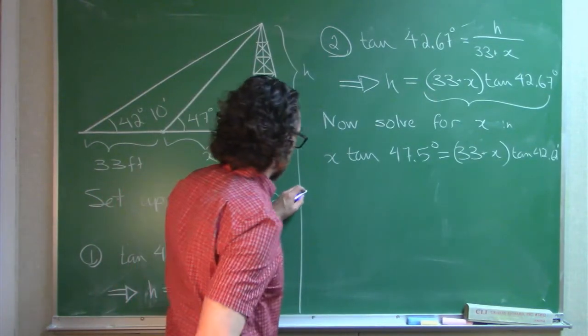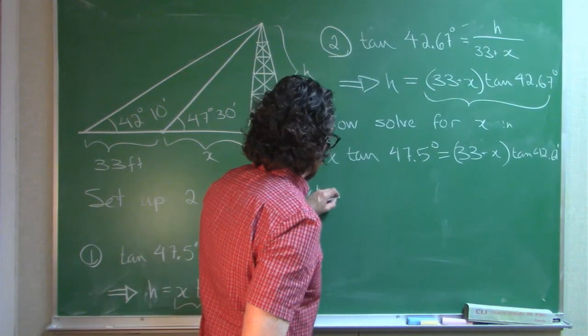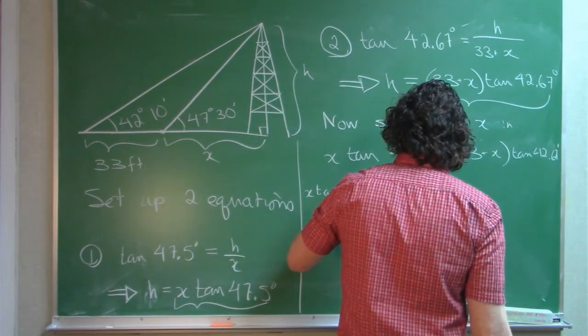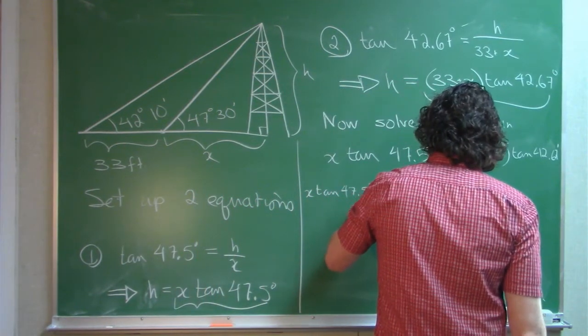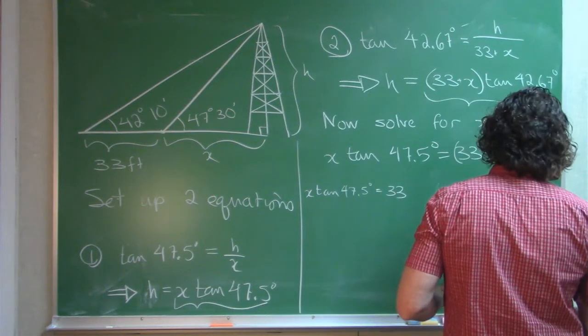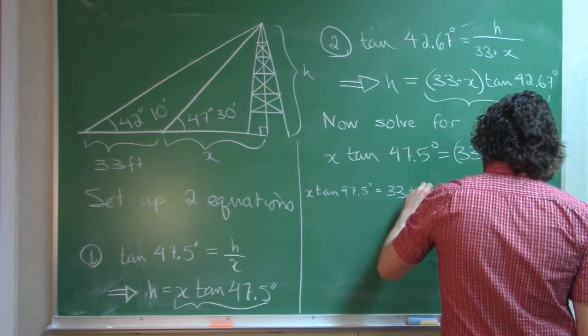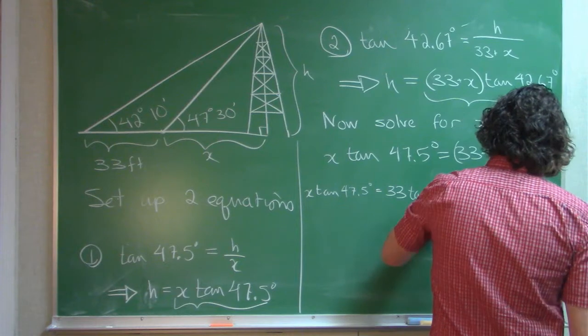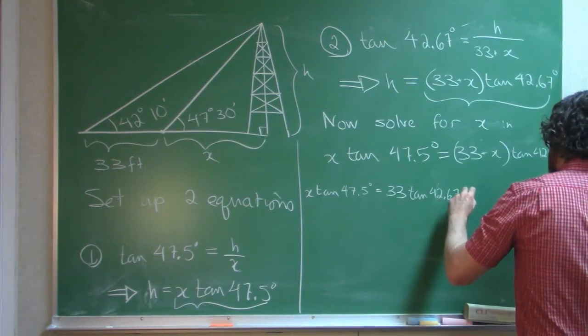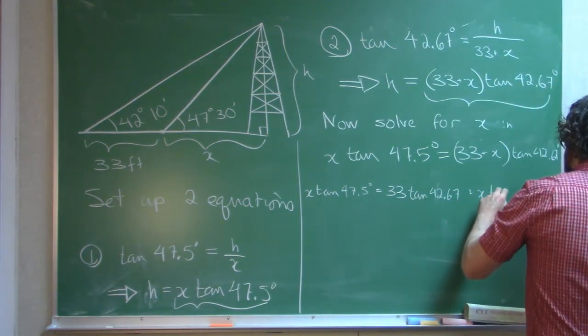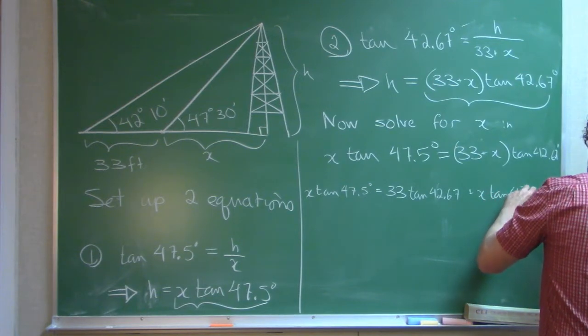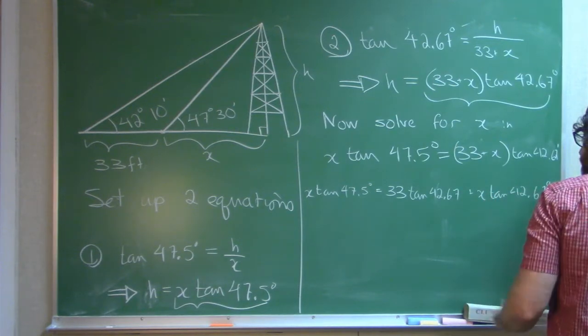on the left-hand side. So I have x tan 47.5 equals 33 times tan 42.67 plus x times tan 42.67 degrees.